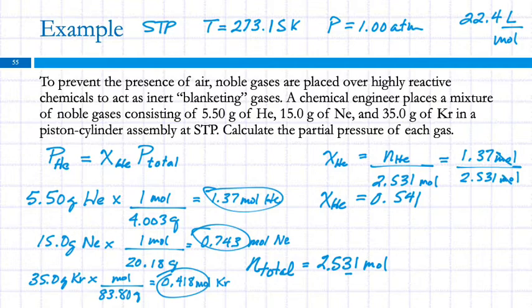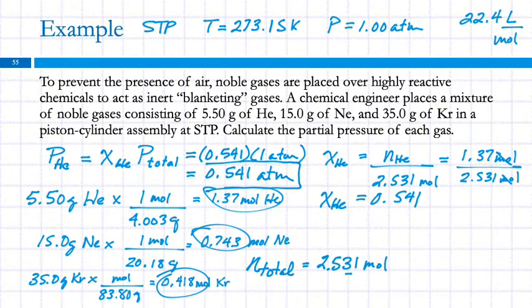So the partial pressure of helium is its mole fraction, 0.541, times the total pressure, which is exactly 1 atmosphere, and so the pressure is 0.541 atmospheres. It's tedious.